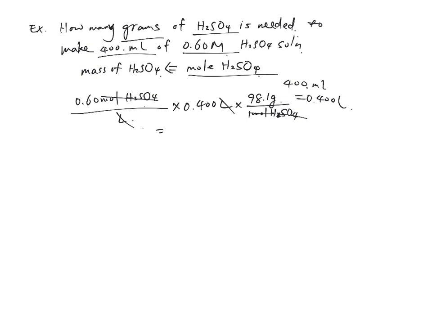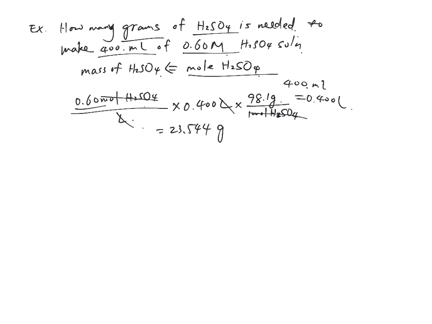So 0.6 times 0.4 times 98.1 gives 23.544 grams.